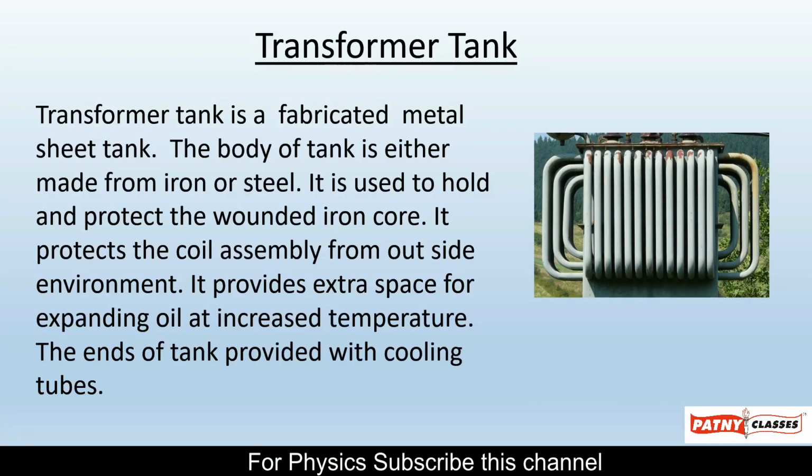The body of the tank is made from either iron or steel. It is used to hold and protect the wound iron core. It protects the coil assembly from the outside environment. It provides extra space for expanding oil at increased temperature. The ends of the tank are provided with cooling tubes.